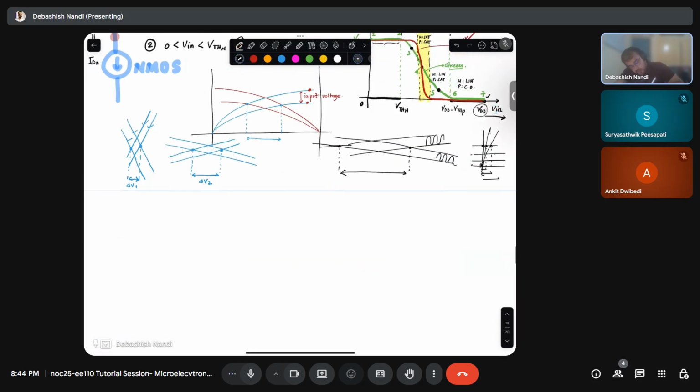Okay, so let me just draw two VTCs. The red one being very steep and the green one being like this. So both of you have told that the red one is preferable because my gain is more in the red one. But what about the region of the gain?